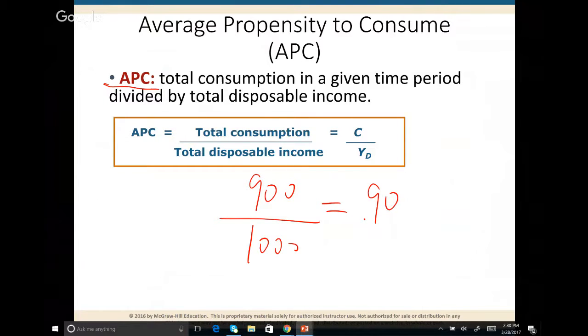So 90% of your income is all spent on consumption. And currently for the US economy, our APC is about 99%. So we only save 1% of the income, and 99% of the money is all spent on consumption. Okay.